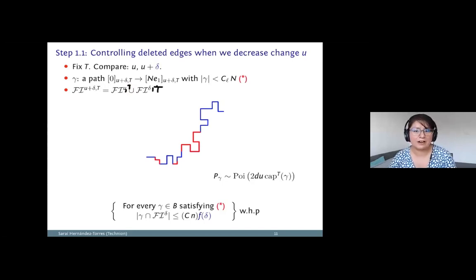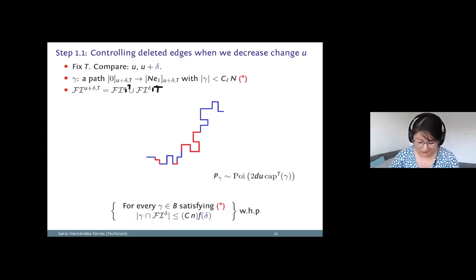So we are only interested in looking at what is the intersection of our path gamma, that has these characteristics of a geodesic, and a finitary random interlacement at level delta.